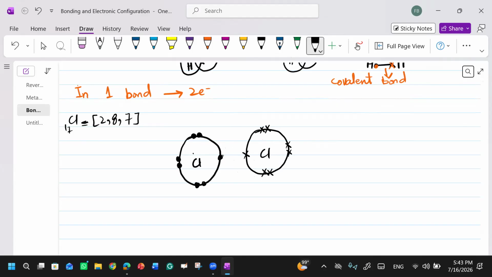Now they both will approach each other, right? And there will be a sharing. You have to exactly follow this diagram. If I ask you to make the diagram of the covalent bond, how can we fill this? Wait a minute.